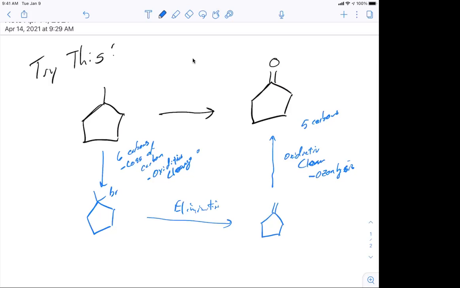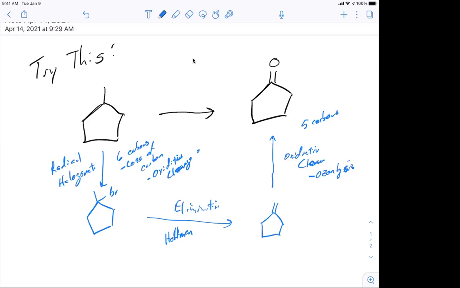Well, this is not a Zaitsev, this is going to be a Hofmann elimination. And then here I need to do a halogenation, right? And that's going to be a radical halogenation. That's horrible writing even for an iPad and me.